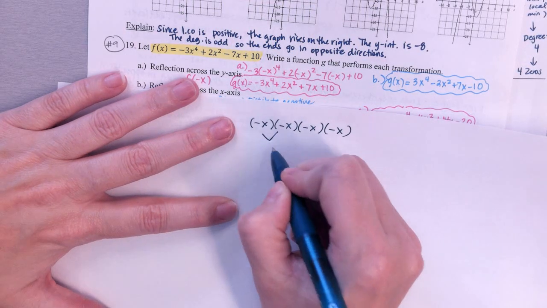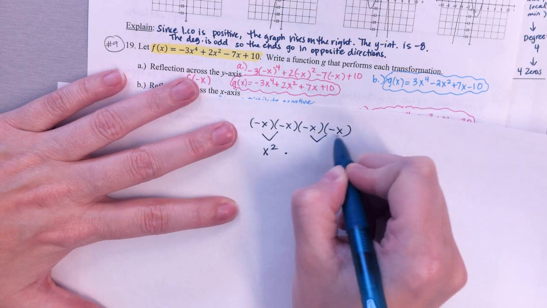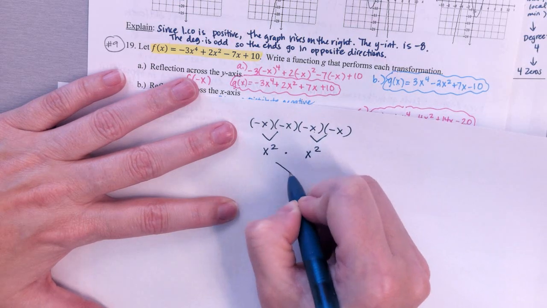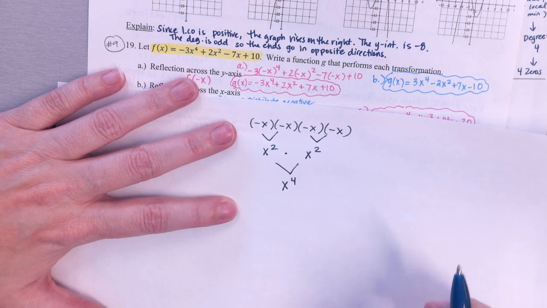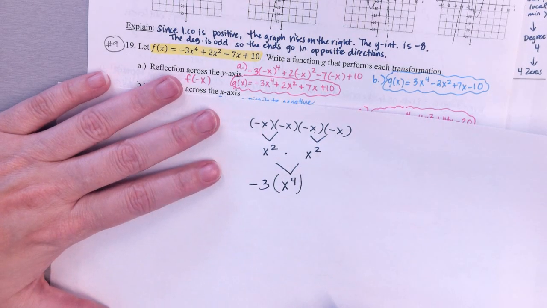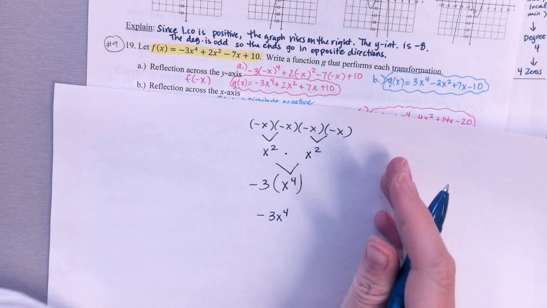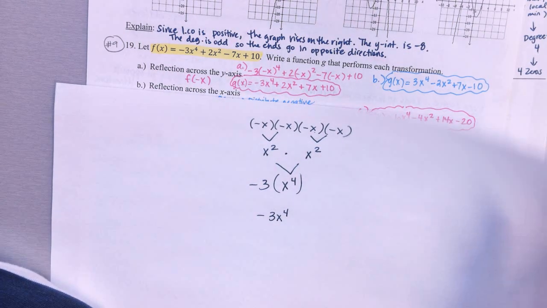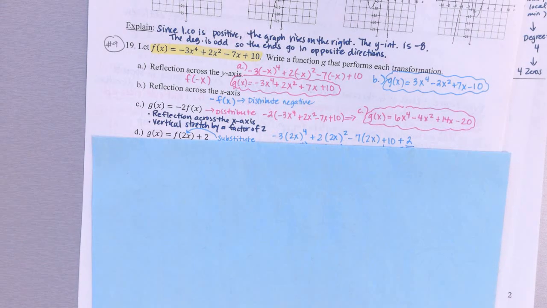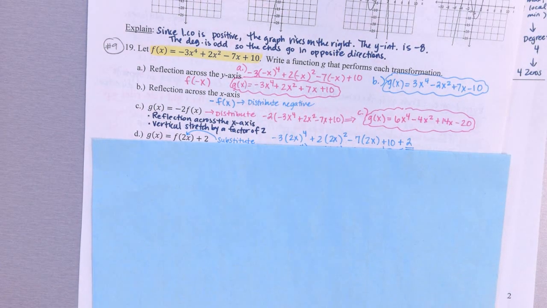A negative times a negative is a positive, times negative times a negative is a positive. So this is positive x to the fourth, and then that gets multiplied by the negative 3. And so that's why that one turns out negative. Now, in some of these cases, you'll see we have an odd one. That's how I always do it: I do inside first, and then I do the multiplication.